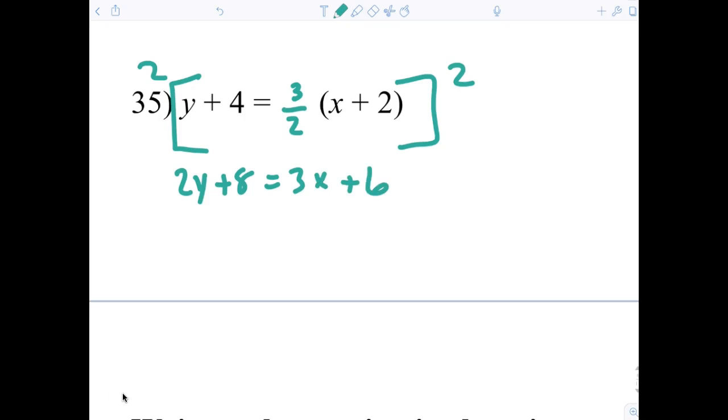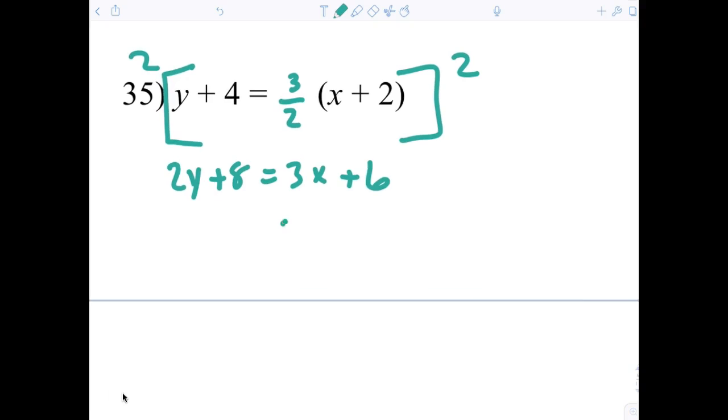Okay. Now remember, I want the x to stay positive. So you have to bring the 2y out. So it's 3x minus 2y. And then you have to subtract the 6 and bring it over to the other side, to the 8.